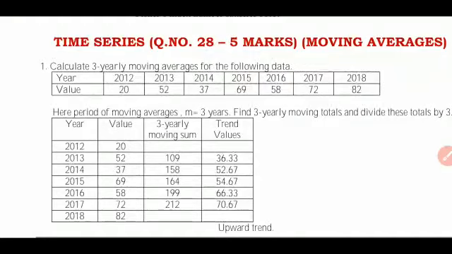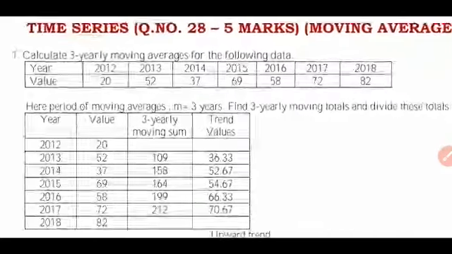In the previous class, I have already briefed what is graphical method and semi-averages method, and also I started with moving averages and also solved an example. Now in this class, we will be solving one more example on 3 yearly moving averages to make the concepts more clear and simple. What is the question?